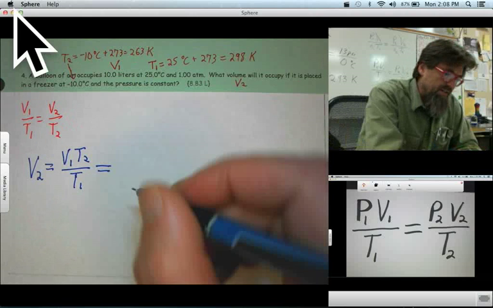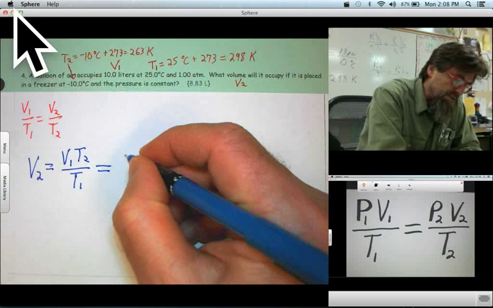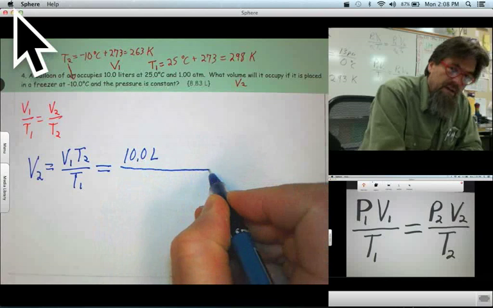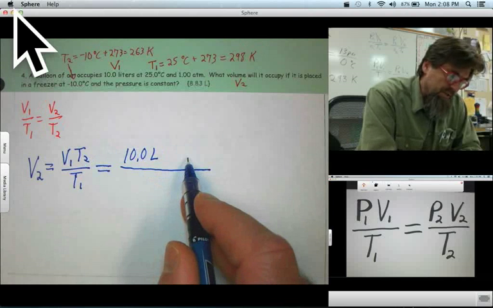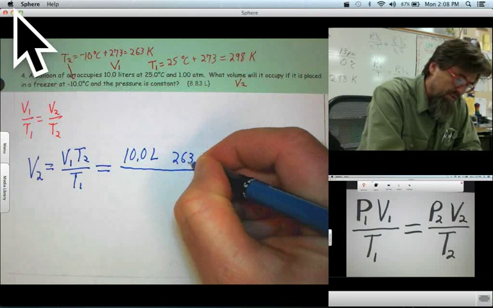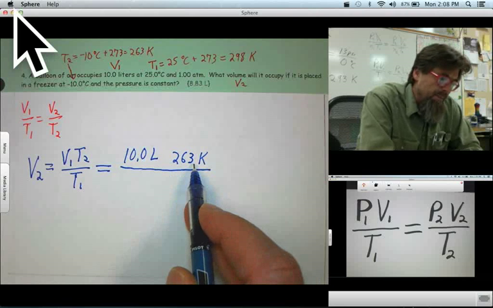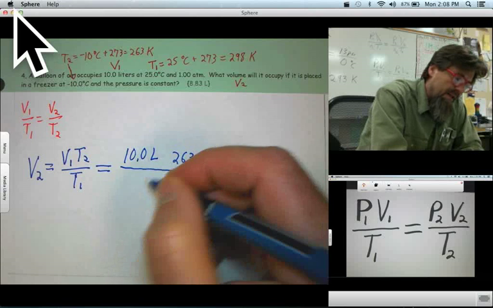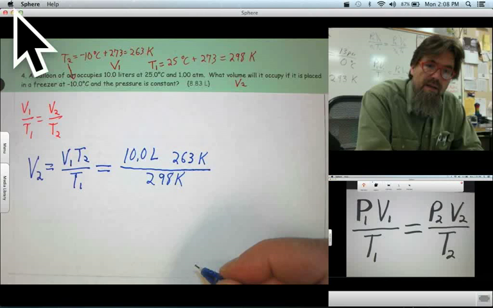Alright, so V1, that is the 10.0 liters. So 10.0 liters, and we'll draw a nice big line to work with. T2, substituting in the same position, T2 is 263K. A very common error is to switch numbers, switch 1 and 2, to do temperature 1 up here. And T1 is what's on the bottom, that's 298K.